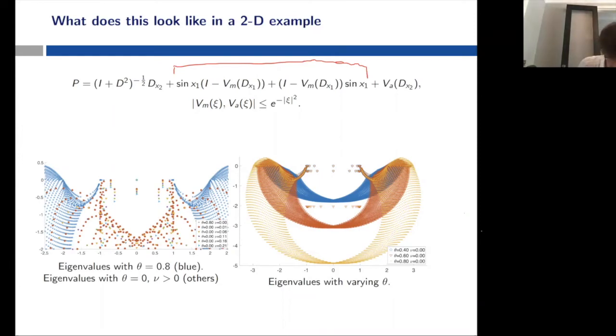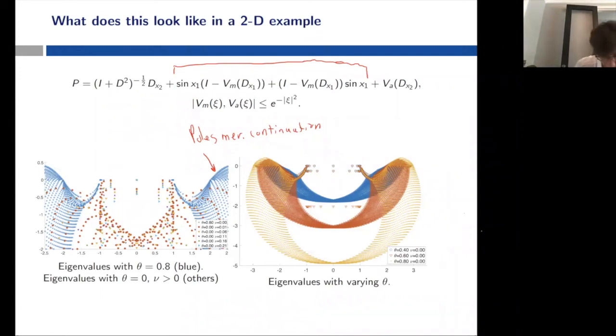So now let's look at these pictures again. These are similar pictures to what I was showing you before. On the left, I've put the poles, so these blue guys are poles of the meromorphic continuation, with some fixed positive theta.